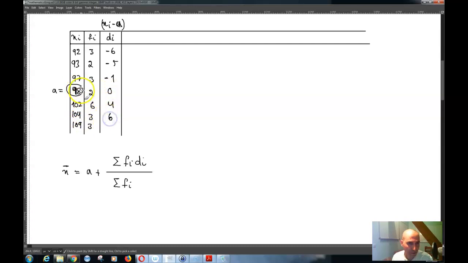And 109 minus 98 is equal to 10. And now the numbers are fine. There is no need to do anything else really.